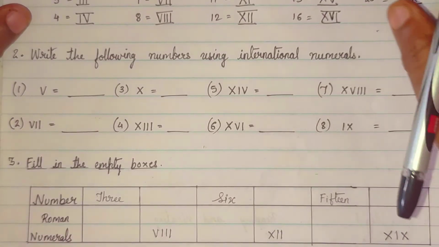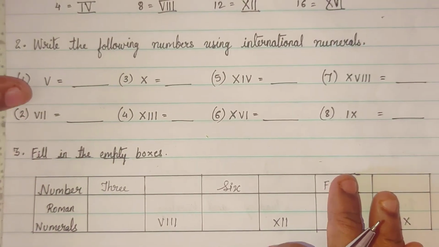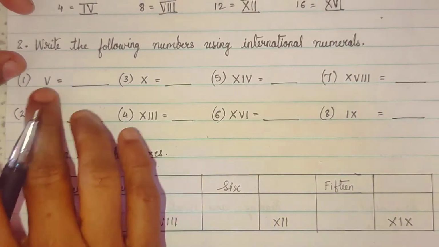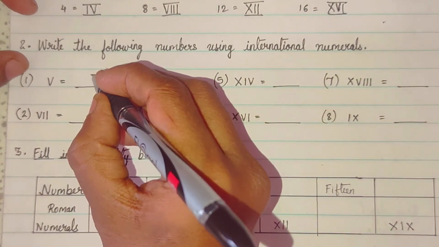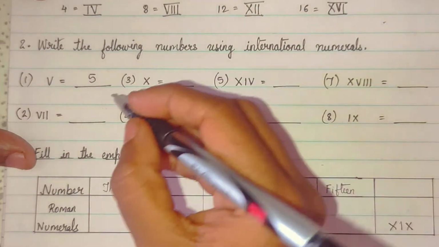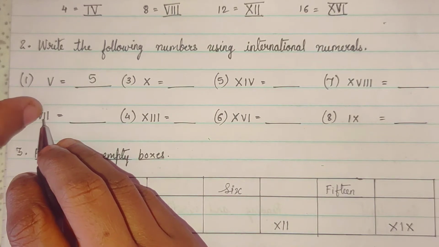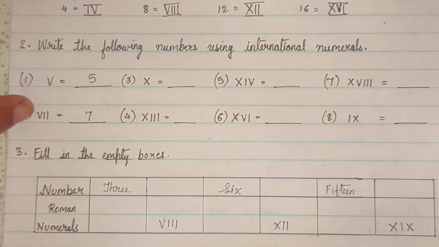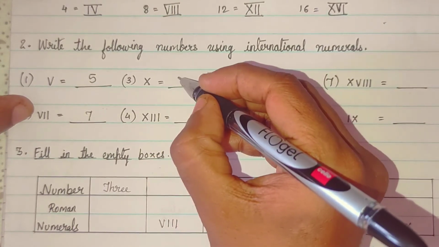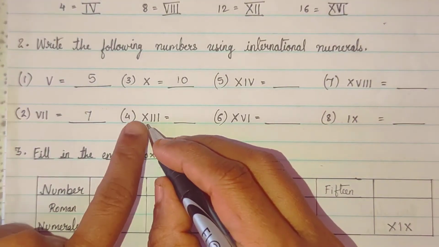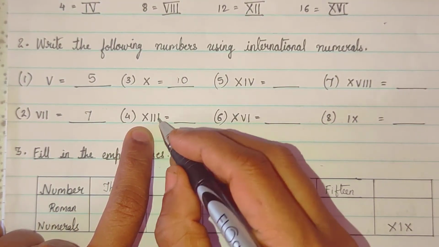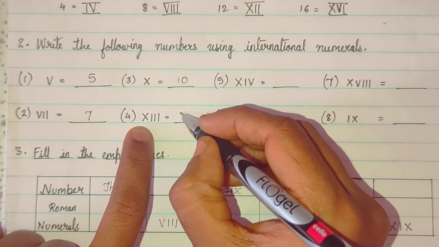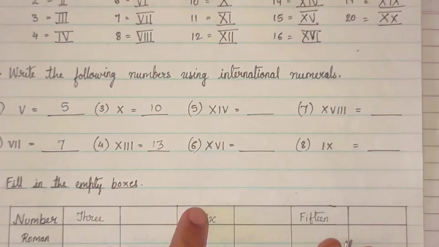Write the following numbers using international numerals. We know that V is for 5. The second sum, V plus 2, that means 5, 6, 7. Now X is for 10. Then X and 3 dashes, that means 10 plus 3, 13.